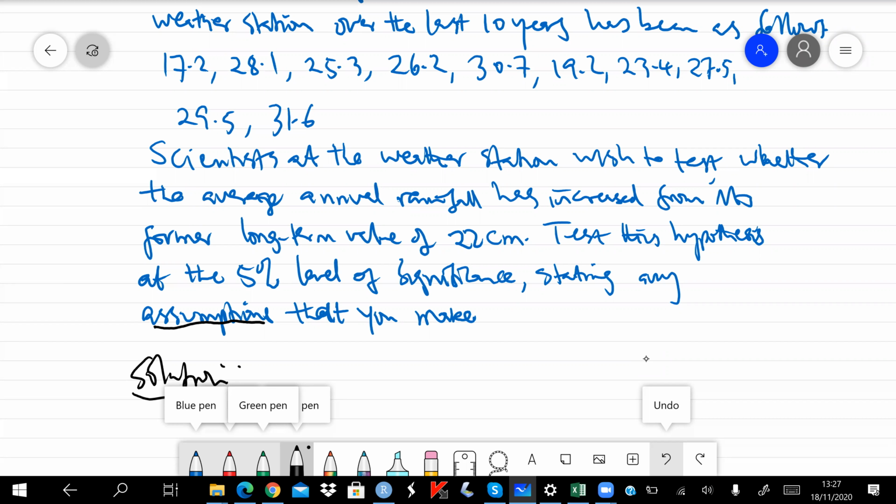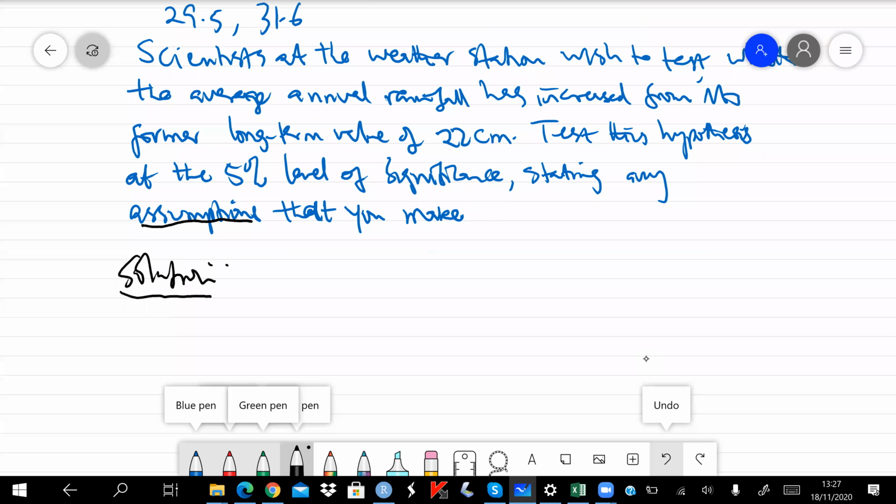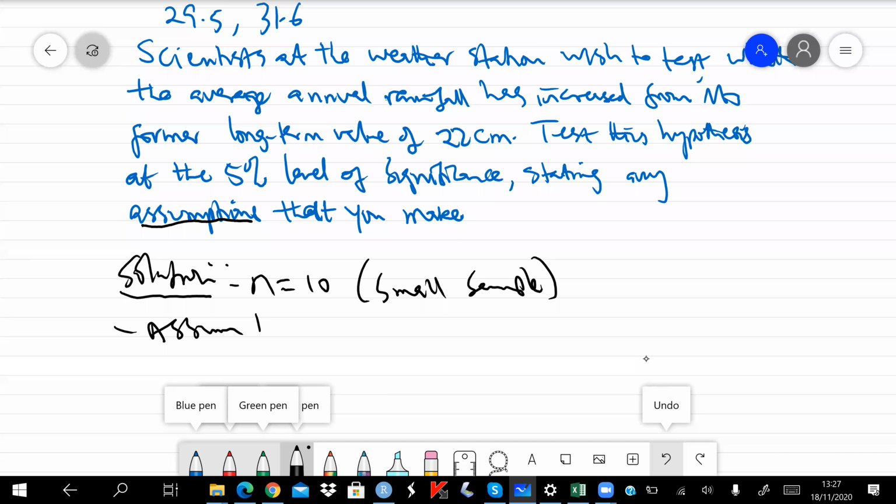Okay. So solution, we notice that n is equal to 10, which is a small sample. So as to use the t distribution, we can assume that the sample comes from a normal distribution.